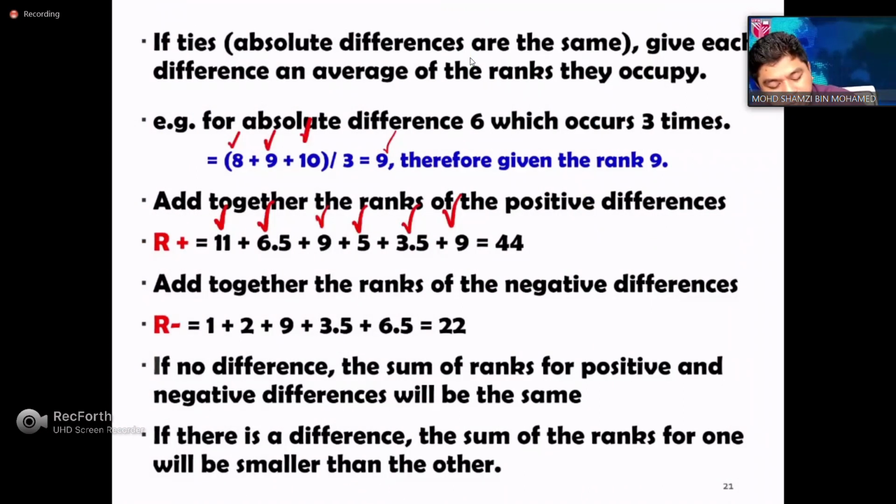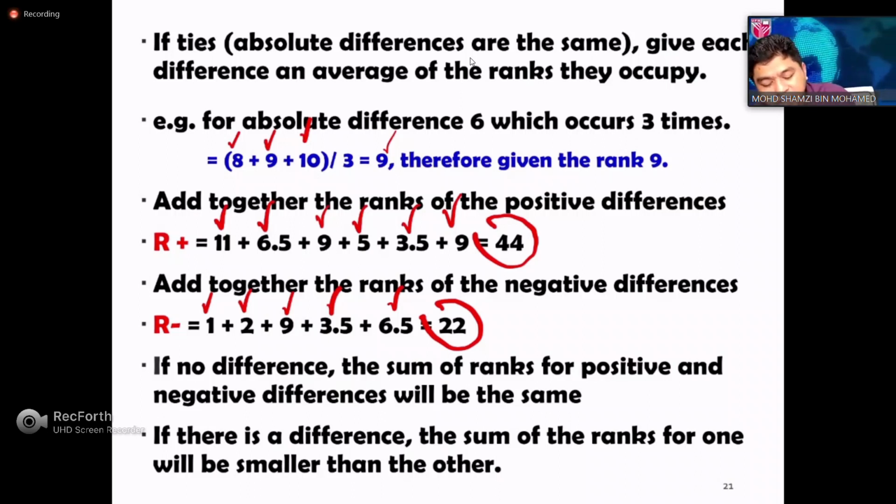So you have 2, 1, 2, 9, 3.5, 6.5. Okay, so the R plus of the positive differences, you add up, you get 44. But for the negative ranks, you add up, you get 22. So this is actually a difference. If there were no differences, the sum of the ranks for positive and negative differences would be the same.